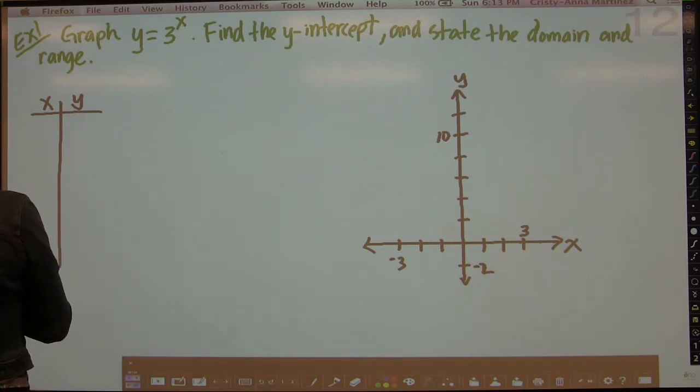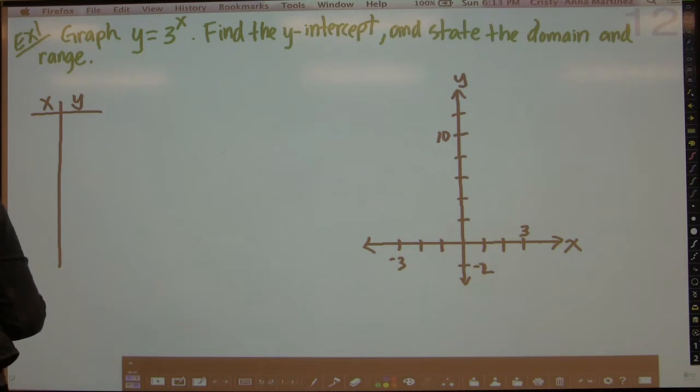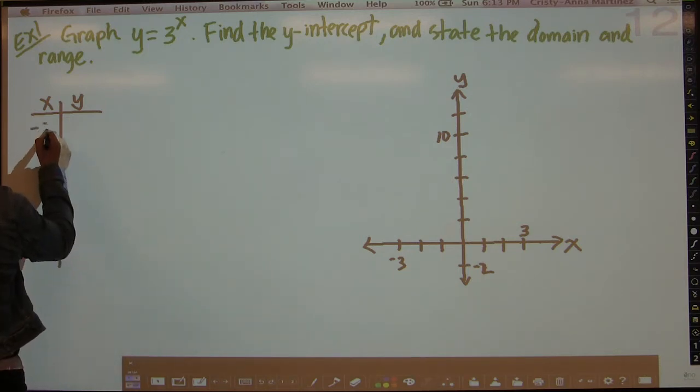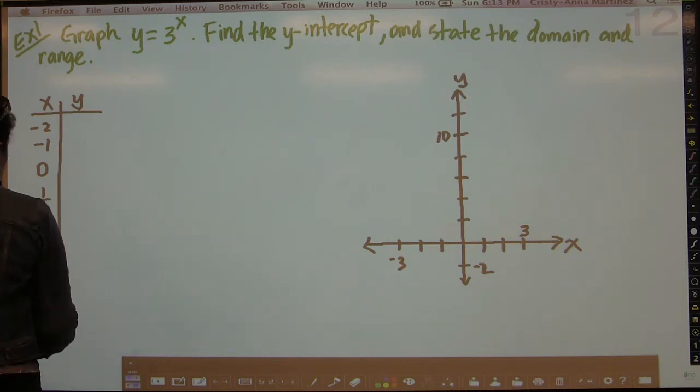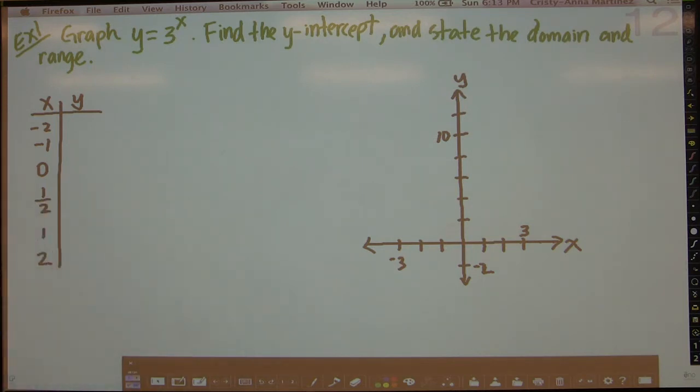So I'm going to pick a fair sampling of numbers. I want to pick negative numbers, I want to pick positive numbers, even some fractions. So these are the x values that I've chosen to use to graph my function. Again, you could pick any x values that you'd like as long as you pick negatives, positives, and 0.